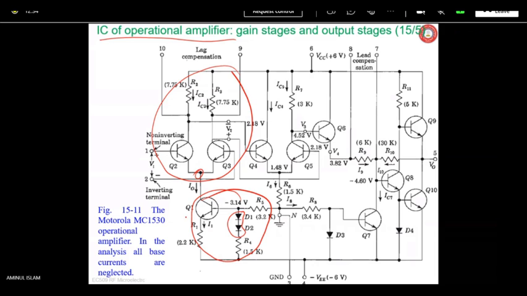If the BJTs are identical, say Q2 and Q3 are identical, Q4 and Q5 are identical, then we have seen that the circuit can be split into two parts, and that was discussed in figure 15-7b. Let me show that, and we'll come back to this slide later on.